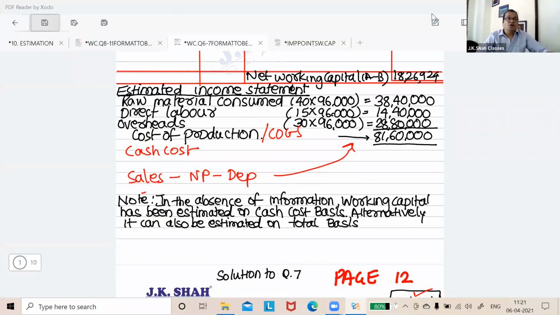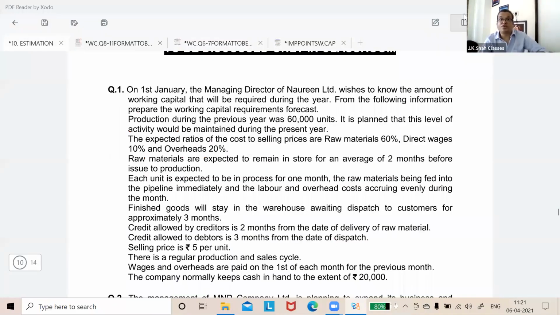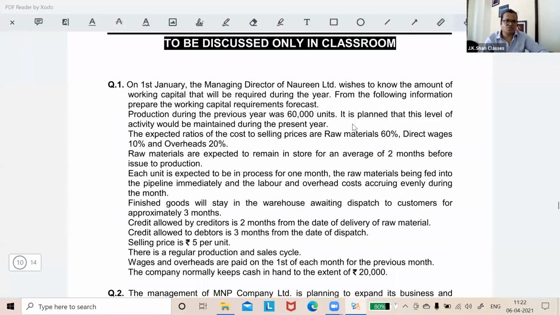Okay, so let's come to question number one of to be discussed in classroom. On 1st January, the managing director of Nauri Limited wishes to know the amount of working capital that will be required during the year.